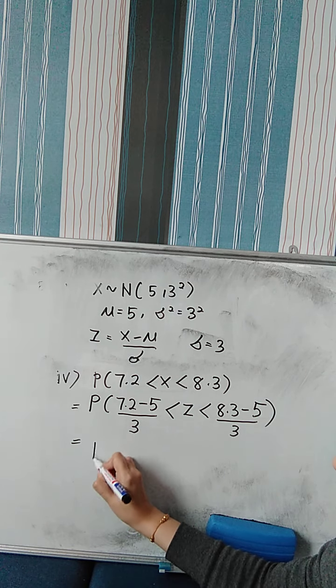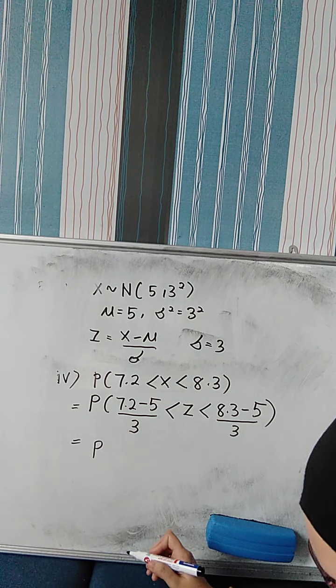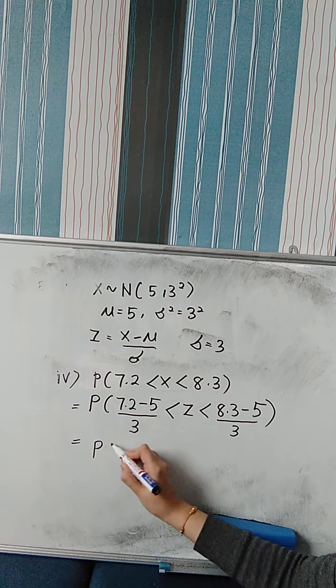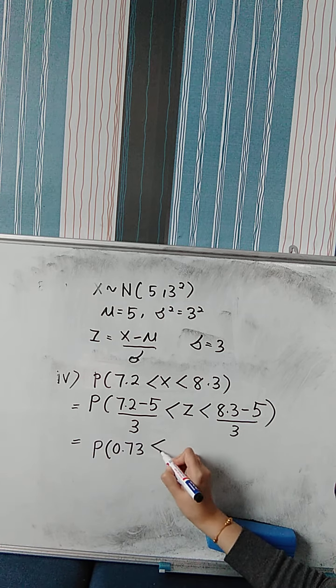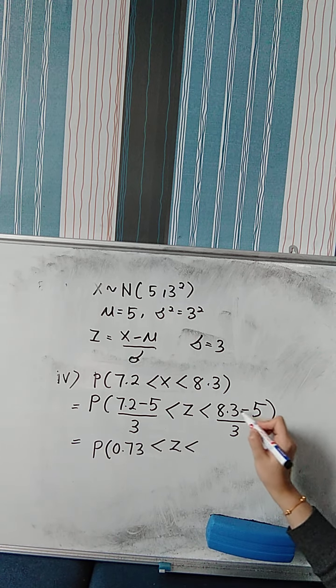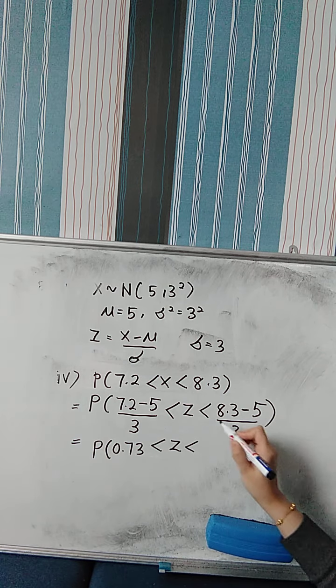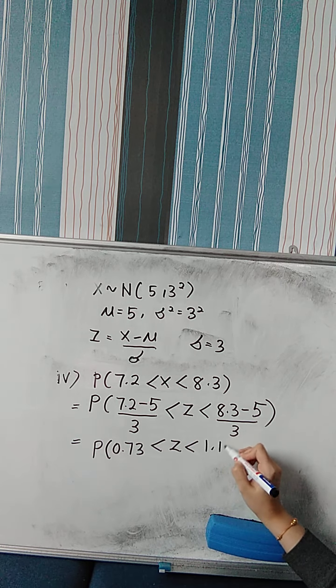Okay, now calculate. 7.2 minus 5 divide 3. What's your answer? Your answer is 0.73. Less than Z, less than. 8.3 minus 5, you divide 3. The answer here is 1.1.